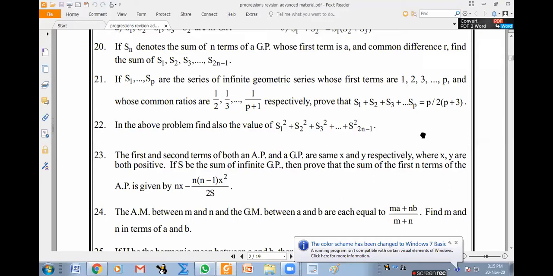What is this 23? The first and second terms of both an AP and GP are the same.